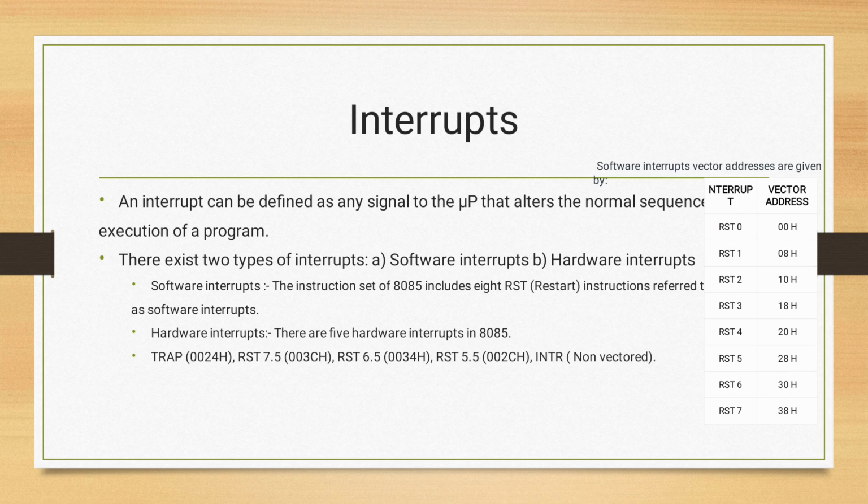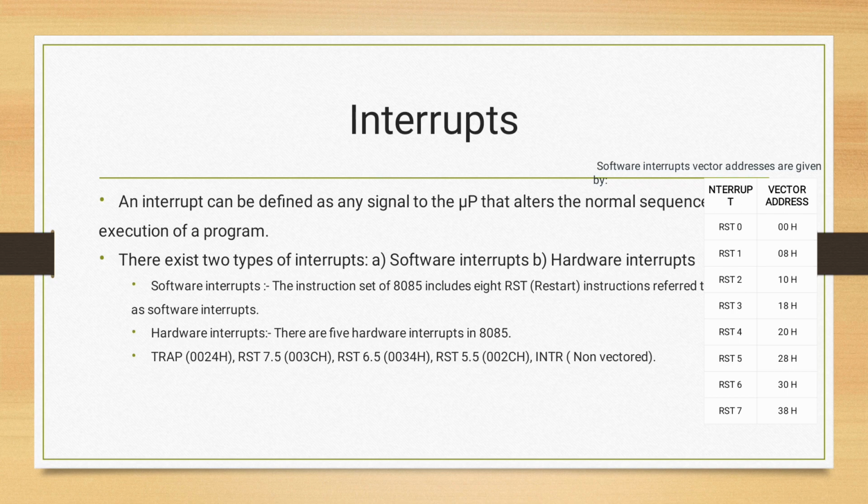There are two kinds of interrupts in a processor. One is the software interrupt, another is the hardware interrupt. Software interrupts means the instruction set of a processor includes different kinds of restart instructions.